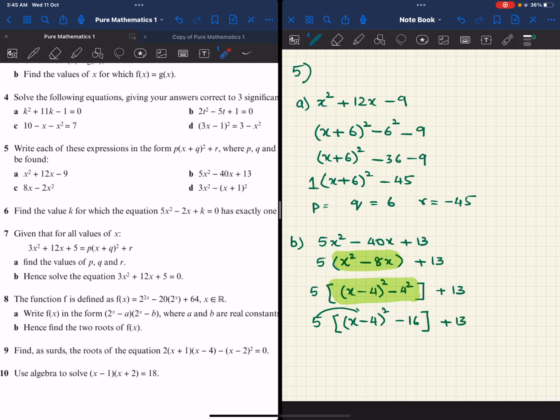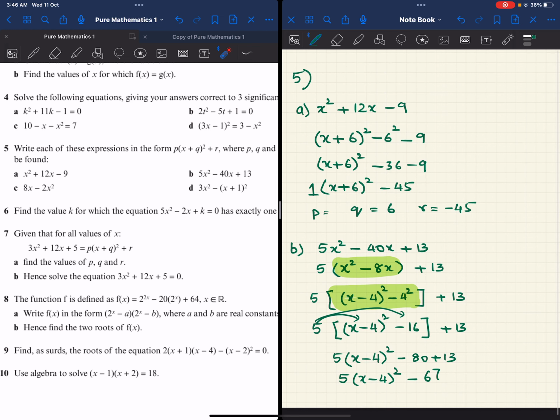Now multiply the 5. So we have 5(x − 4)², 5 into 16 is 80, plus 13. So we have 5(x − 4)² − 80 + 13, which gives us negative 67.